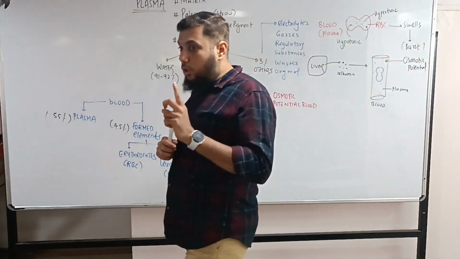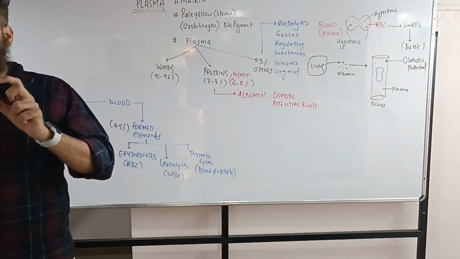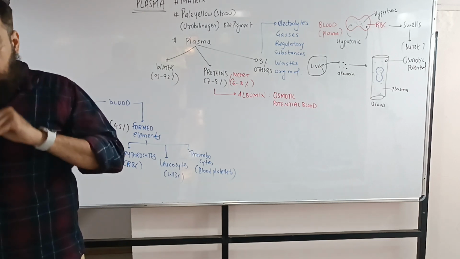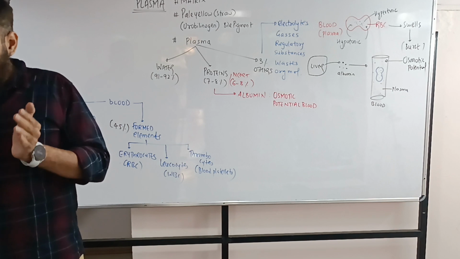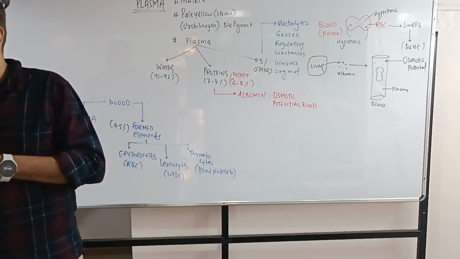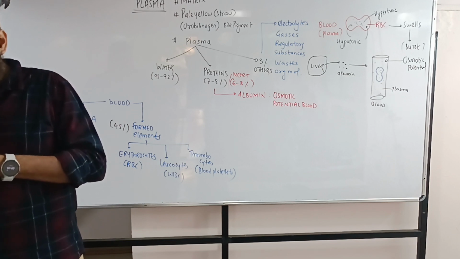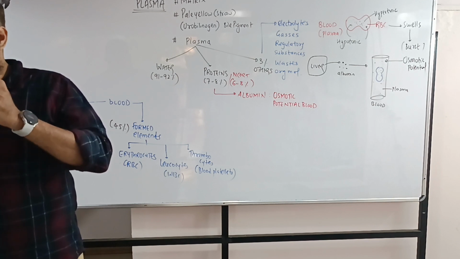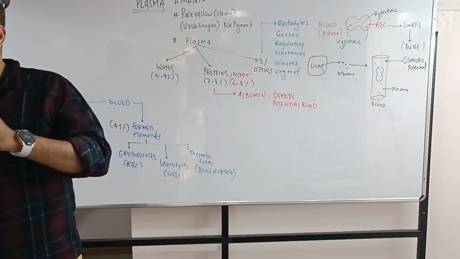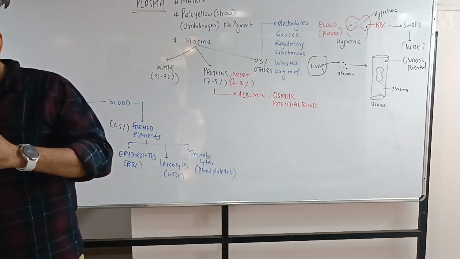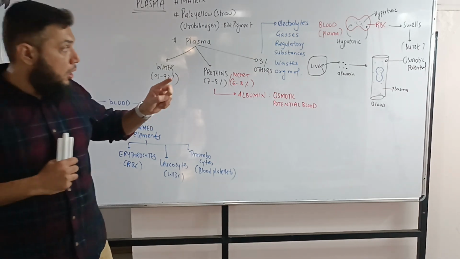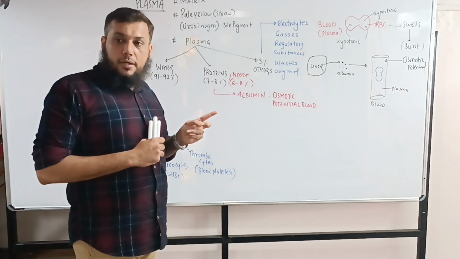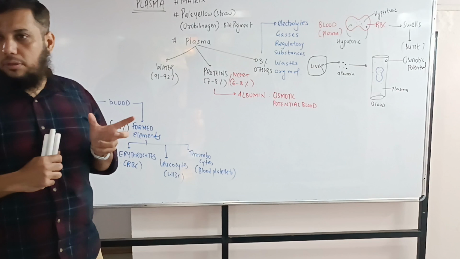So what does albumin do? It gives osmotic potential to the blood. How will you understand it? If you remove all the proteins like albumin, the plasma will have more water as compared to your RBC. So water will start moving into your RBC, and that can burst it.